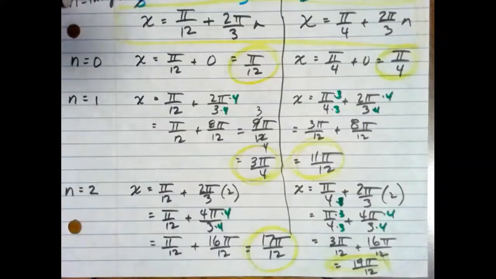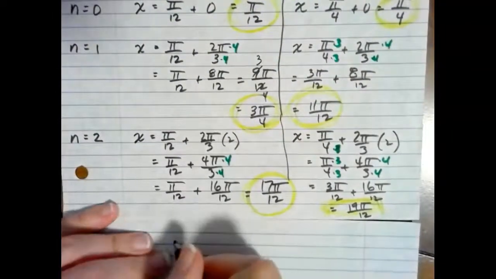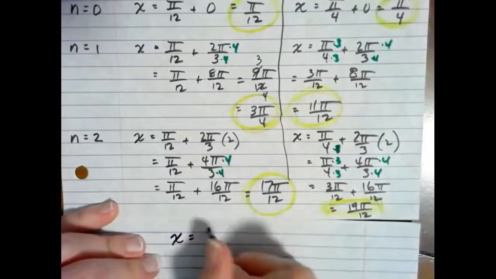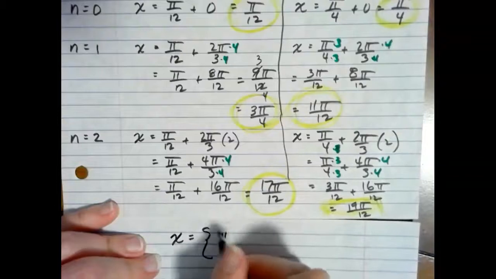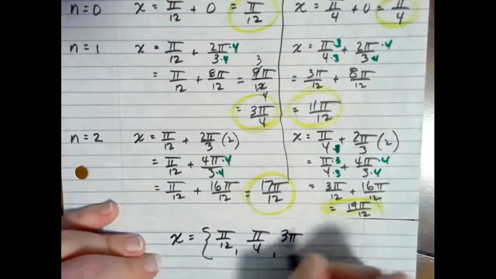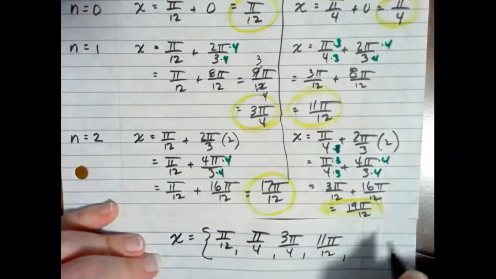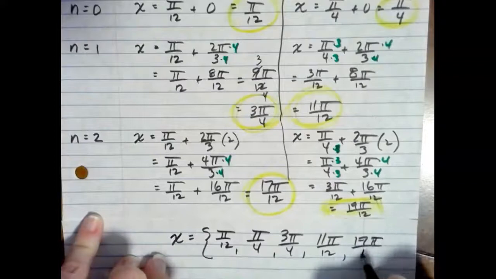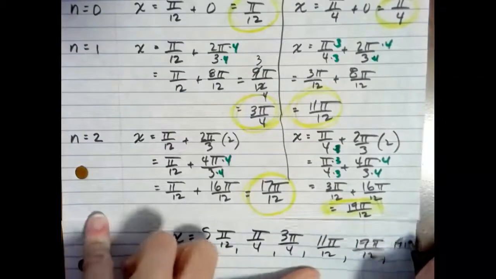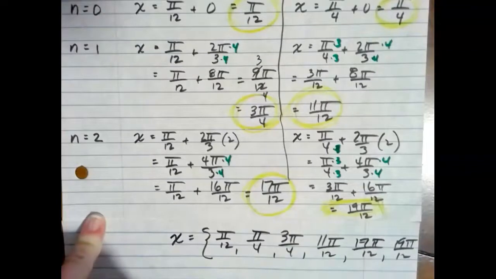So let's list them right down here on the bottom of the piece of paper that I've got for us. So finally, in conclusion, specifically, x equals pi over 12, pi over 4, 3 pi over 4, 11 pi over 12, 17 pi over 12, and then finally 19 pi over 12. 1, 2, 3, 4, 5, 6. 6 specific solutions for this particular equation.